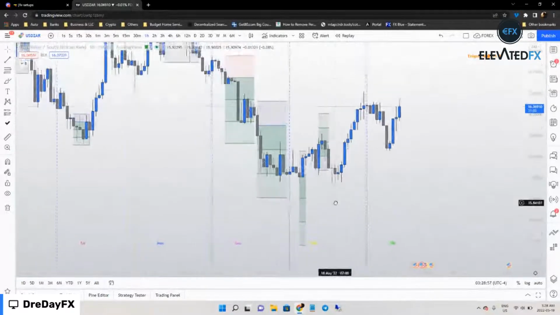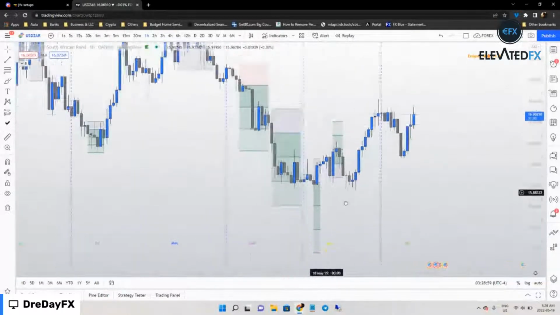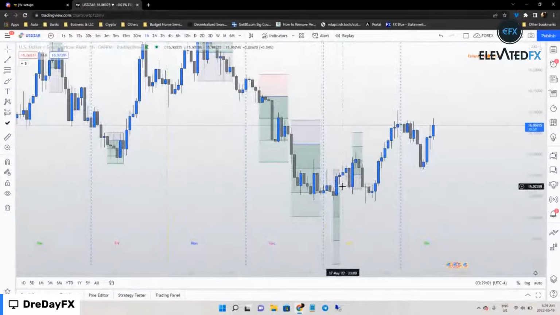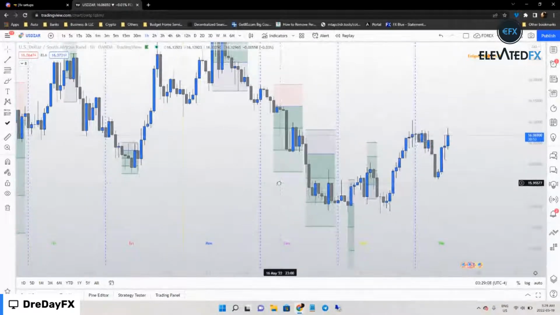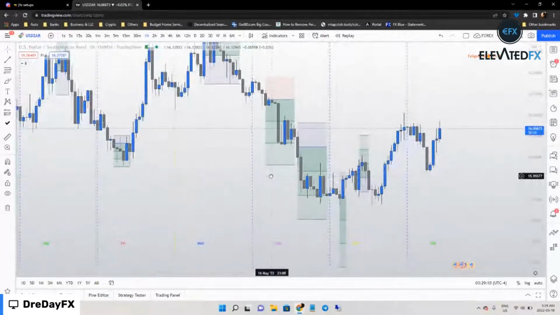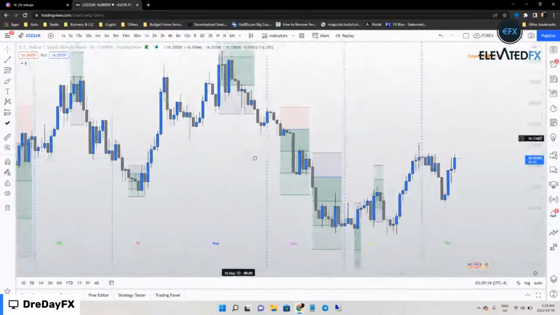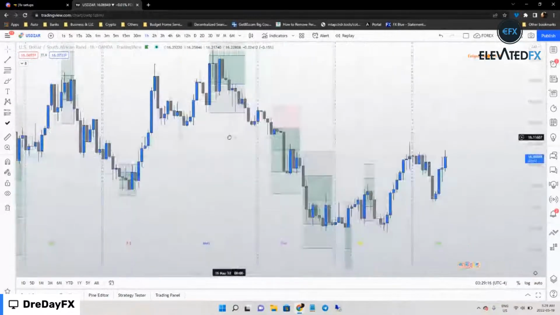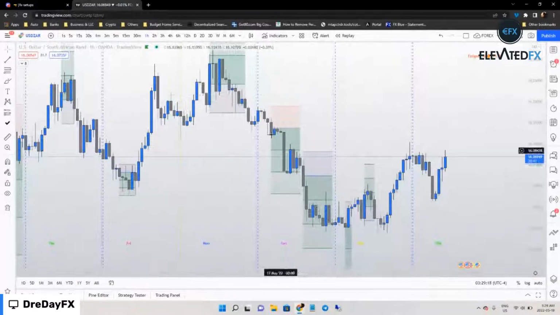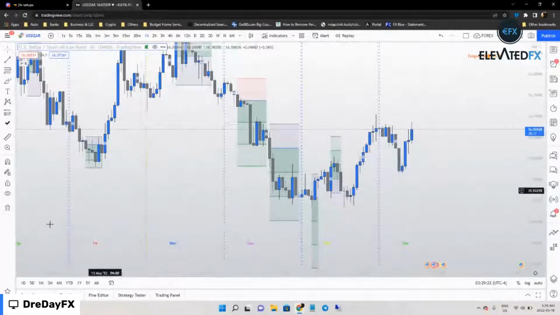So you had 4 setups here. Yeah, 4 setups that hit at least TP1. Okay, so that's great.